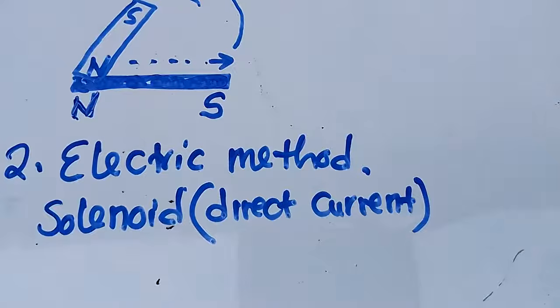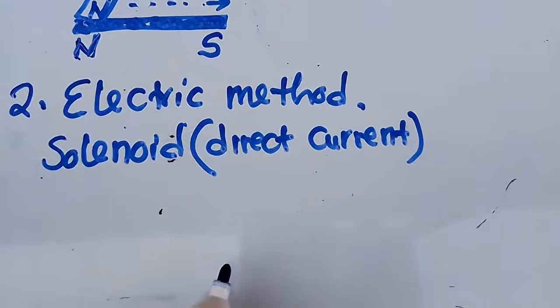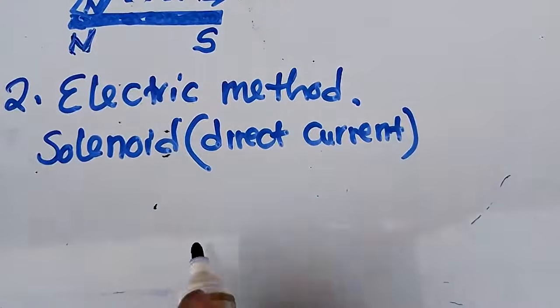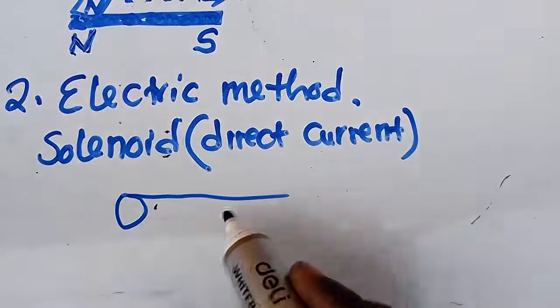So you know what we mean when I say it becomes a permanent magnet. We are using steel. Once you use steel, steel becomes a permanent magnet when it is pressed into an electric solenoid. An electric solenoid is like this.